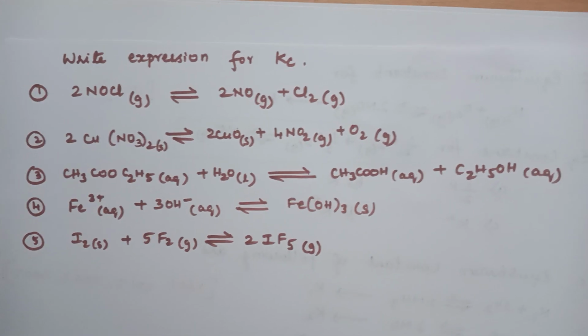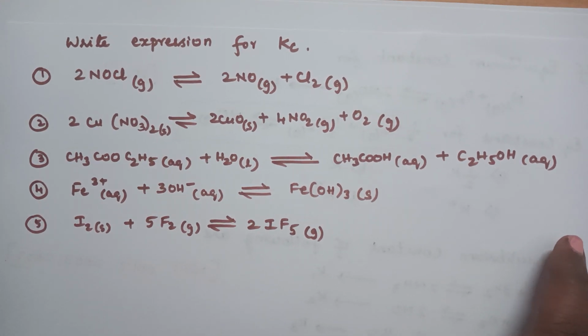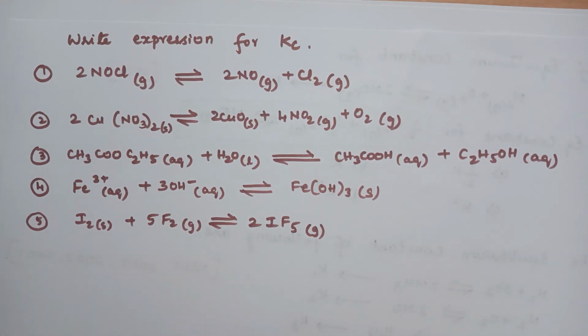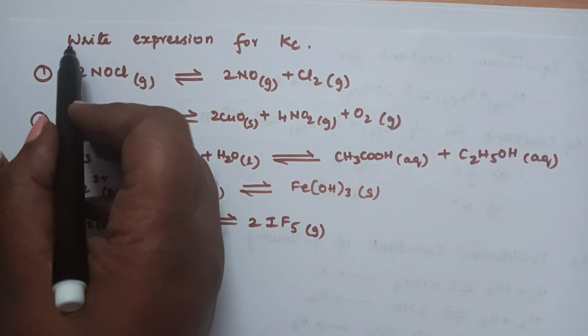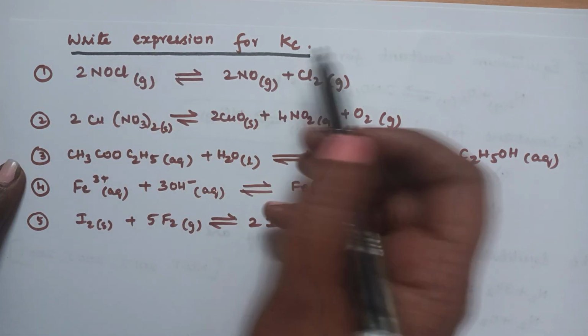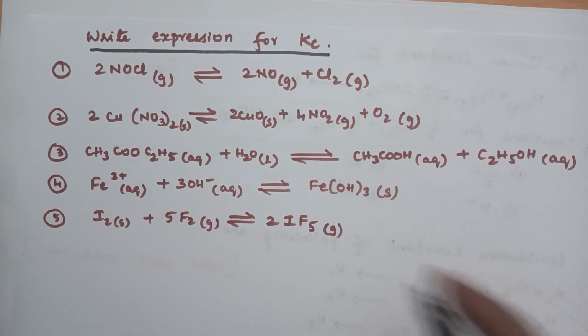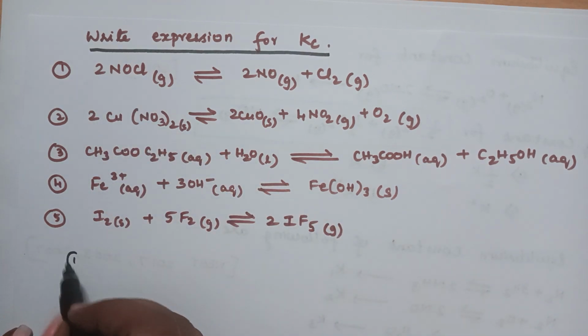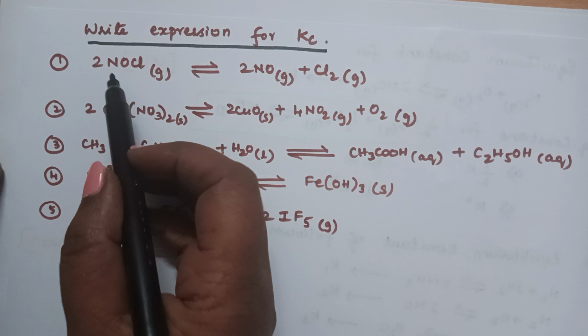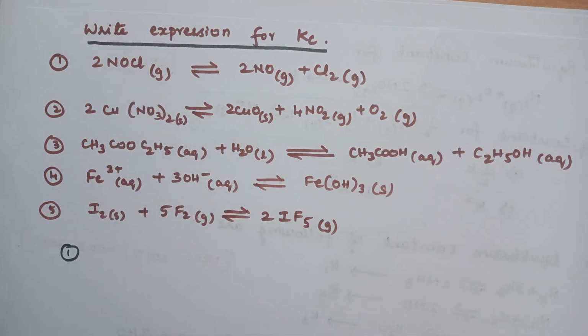So students, let us take some more examples. These are questions I have taken from your NCERT textbook. Write the expression for Kc. First one, let us write for this.